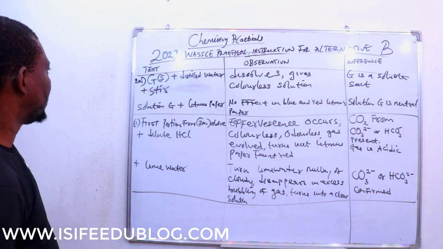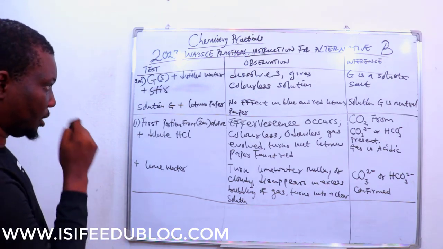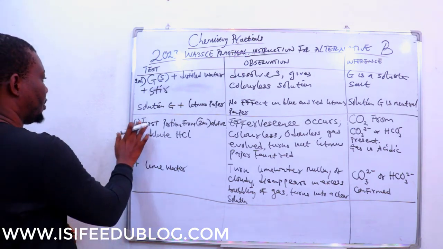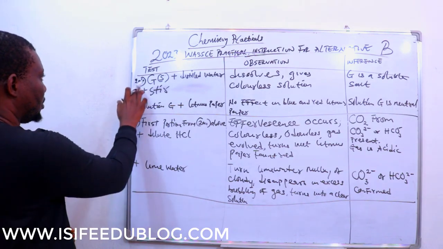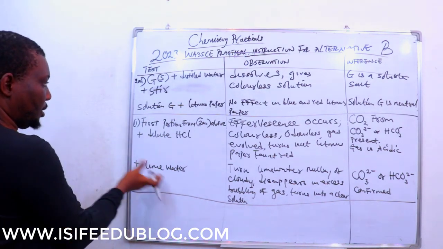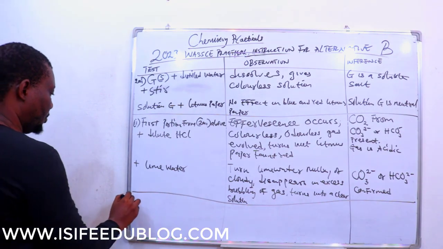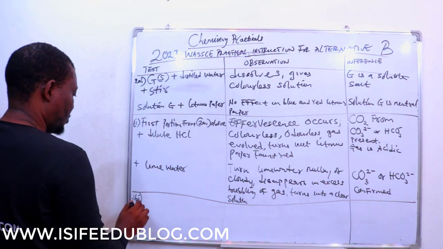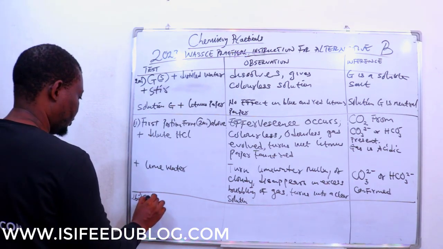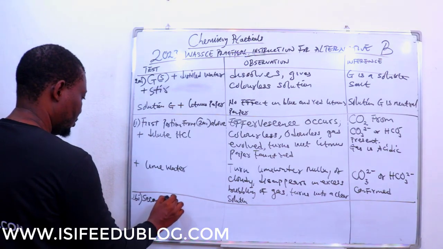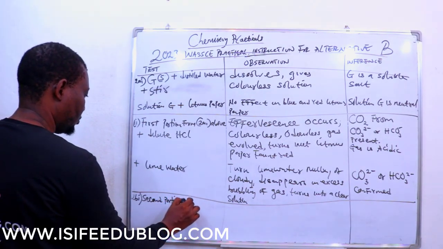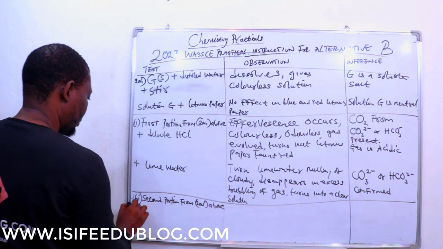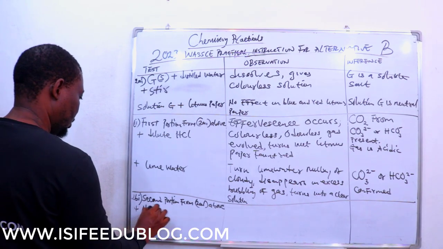Then on the other part of the question, this could be 2BI. I'll do the second portion from 2AI above plus NaOH plus heat.